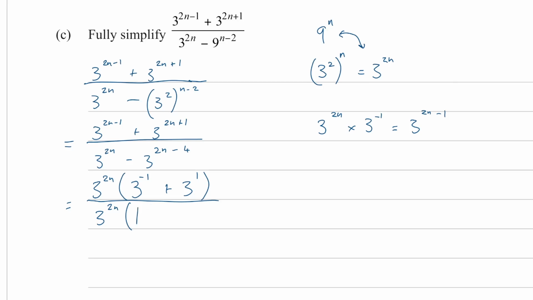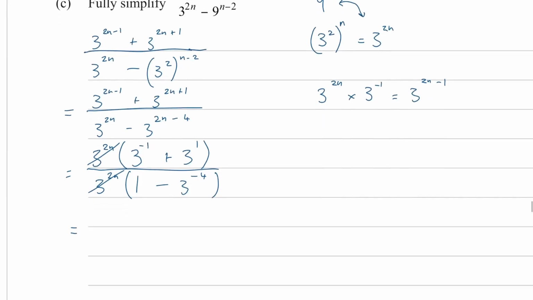But we're not feeling fancy today. And then minus 3 to the power of minus 4. All right, so we factorize that. Now notice the 3 to the power of 2n's actually cancel out, which is great.